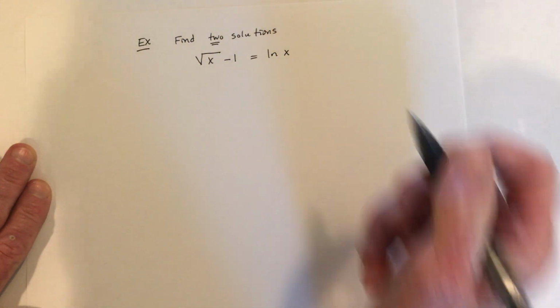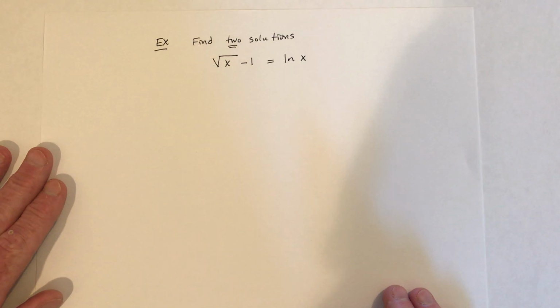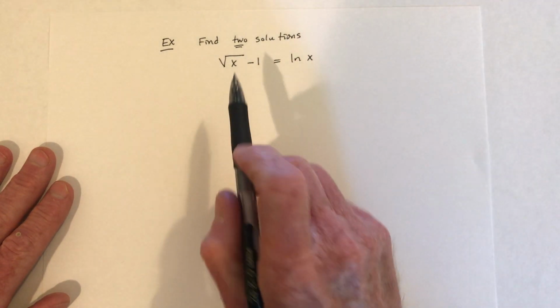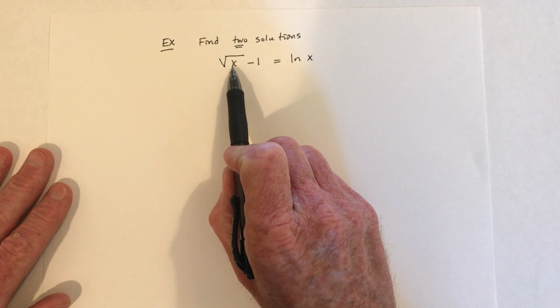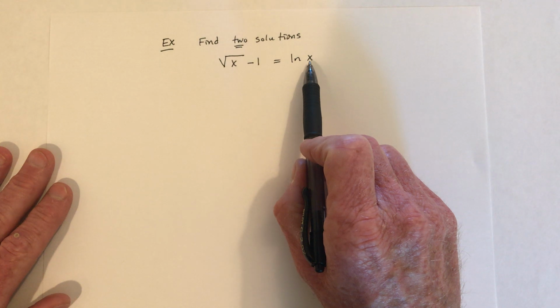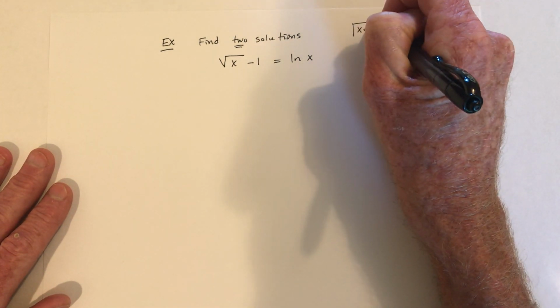And the reason I'm saying two solutions on this one is because we could find one even without Newton's method and even without a calculator. Because if you plug in 1, this is going to be 1 minus 1 is 0. And if you plug in 1, natural log of 1 is 0. So we get 1 for free. X equals 1.